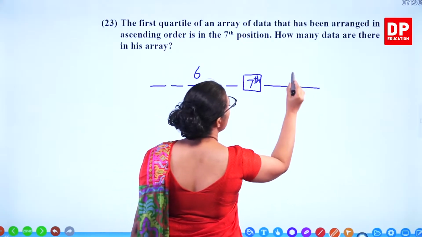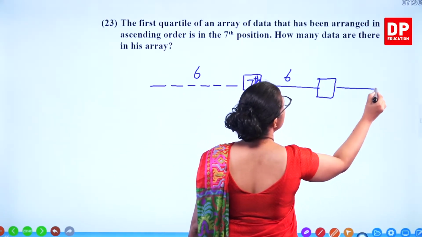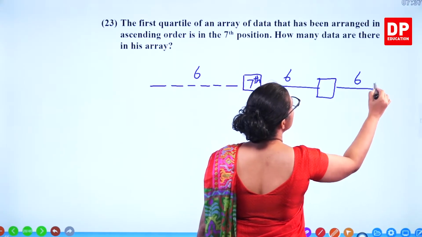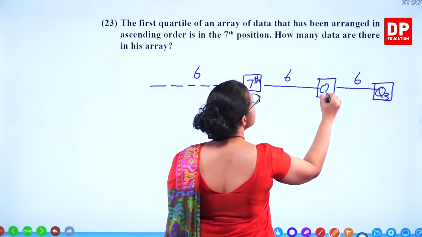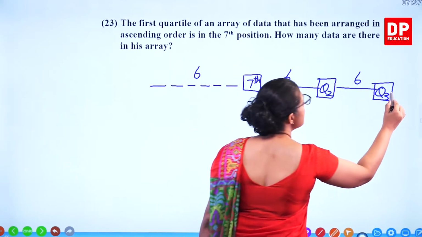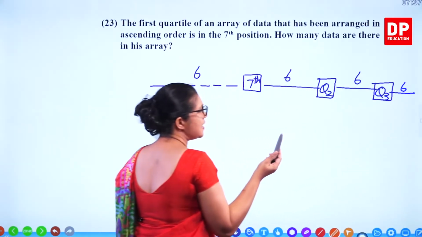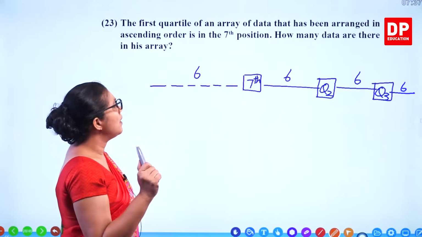So you get another 6, you get the median. Another 6, you get the 3rd quartile. This is the 2nd quartile or the median, and you get another 6. So that's the procedure. Divide the data set into 4 equal parts.